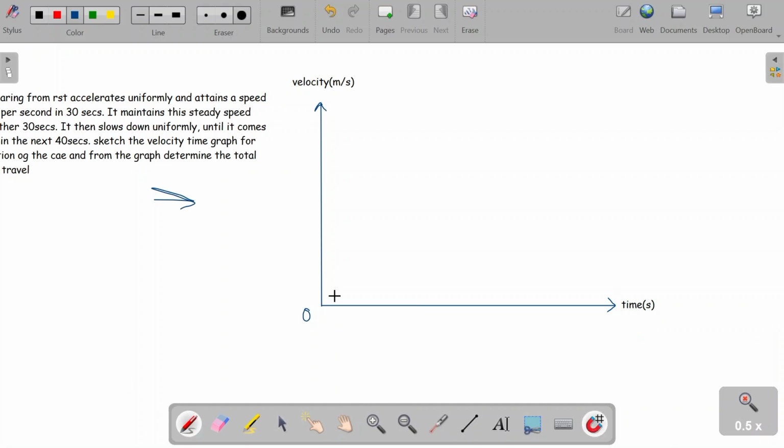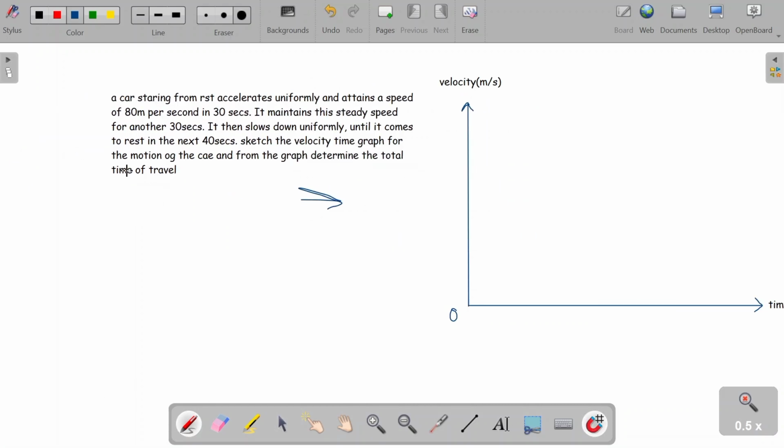So he attains a speed of 80 meters per second in 30 seconds. So let's draw our lines of the velocity. So we have 20 here. Then you have to choose an appropriate scale. So we're going to use 20s.